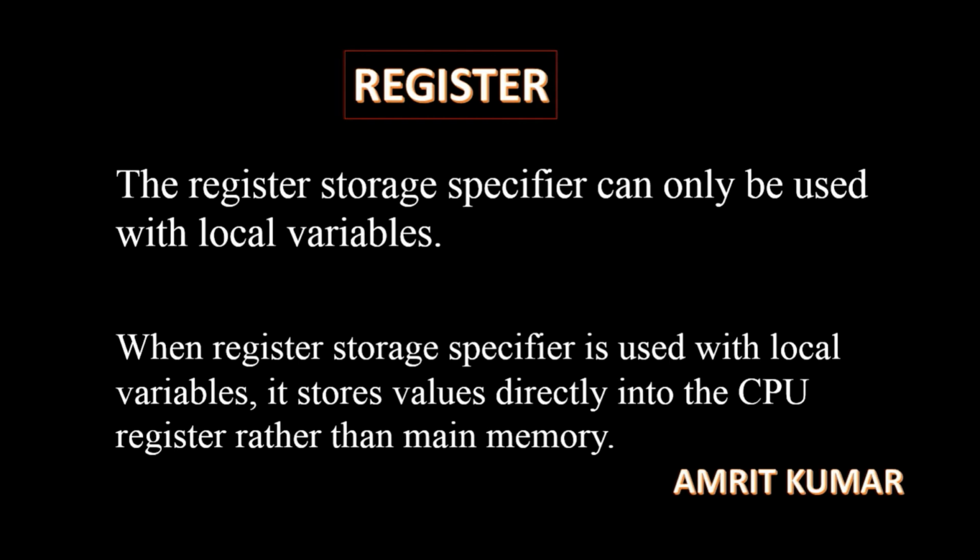So what we have learned is that the register storage specifier can only be used with the local variable, and that is our first and very important point. The next point is that it stores values directly into the CPU register rather than the main memory.